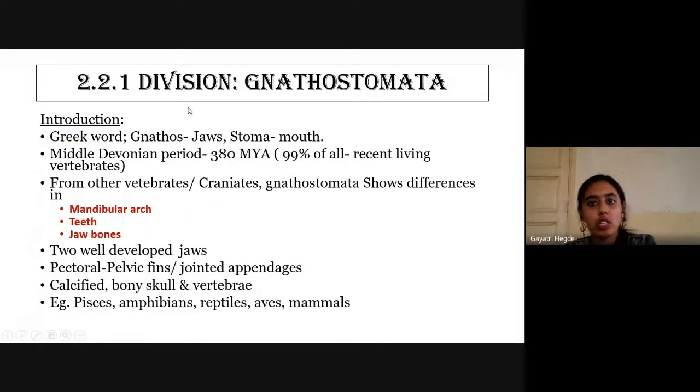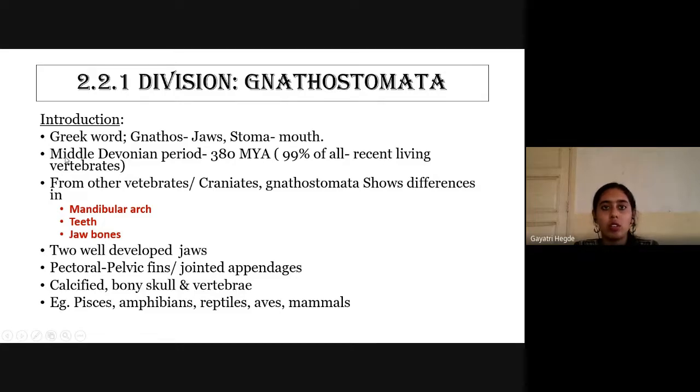Coming back to division Gnathostomata, this is a Greek word, where gnathos means jaws, whereas stoma means mouth. So Gnathostomatas are those organisms who have jaws in their mouth. Okay, that mouth is covered with jaws.